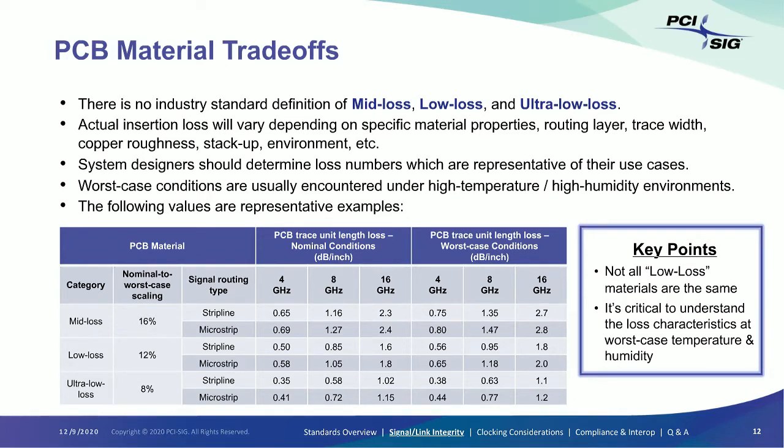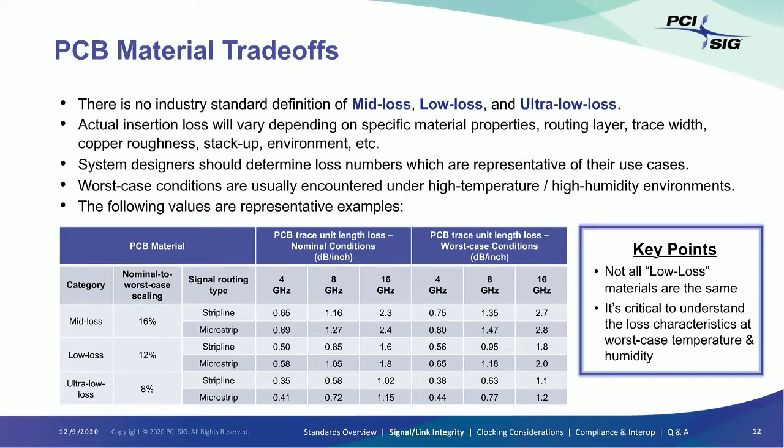These are not industry standard definitions, and every PCB material will be different depending on its properties and stack up and things like that. So system designers will look at all of those parameters, and more importantly, they will look at the degradation in loss characteristics of their specific PCB material over conditions like temperature and humidity.